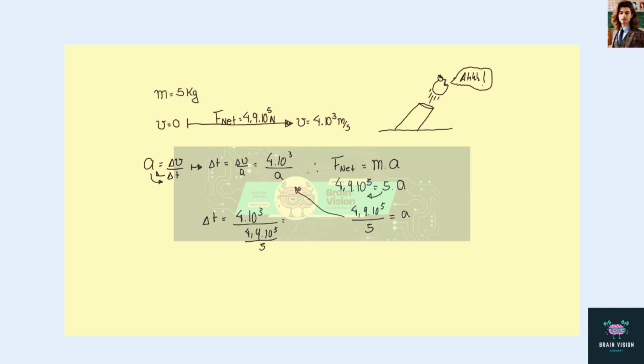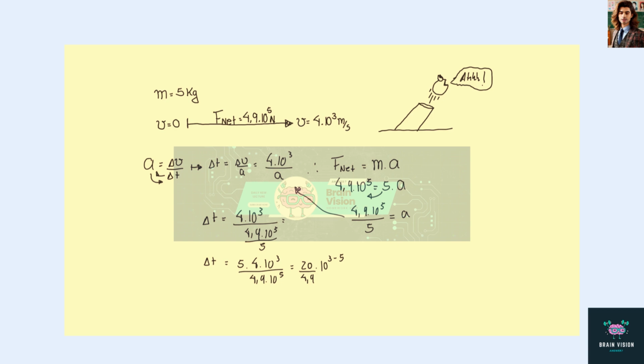And this is equal to 5 times 4 times 10 to the 3rd divided by 4.9 times 10 to the 5th. And then we get the following. 5 times 4 is equal to 20, and this is divided by 4.9. And here we have 10 to the 3rd minus 5, because we have 10 to the 3rd in the numerator and 10 to the 5th in the denominator.